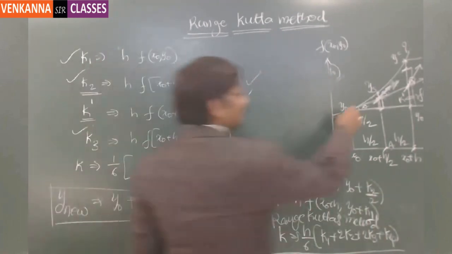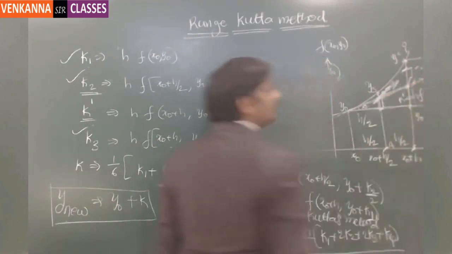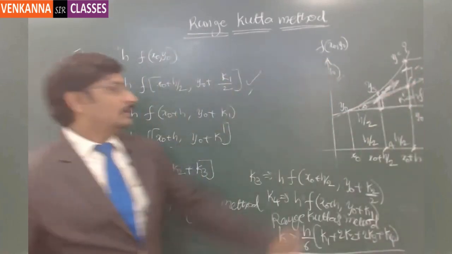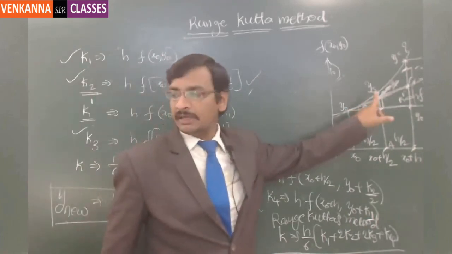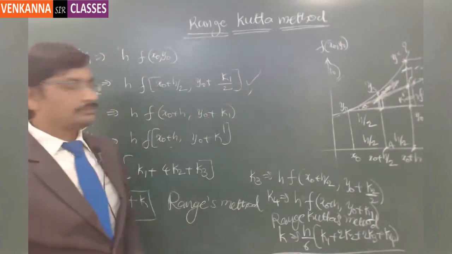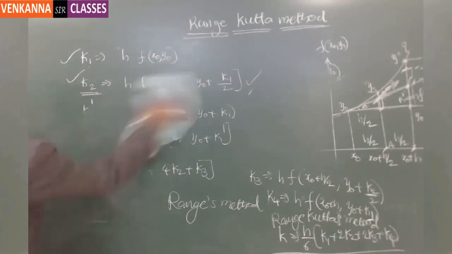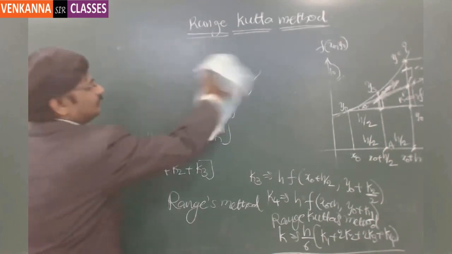So the same weight of this one is given. Here this improvement is not there in case of Runge-Kutta's method. That was done here. In Runge's method, rather than here, we have done it here. This change. Got it? Done? So now you can note down one problem on Runge-Kutta's method.